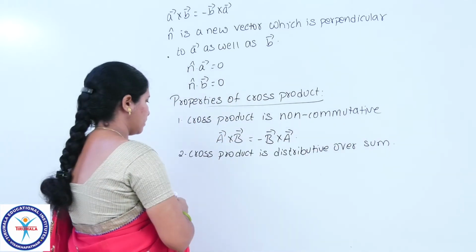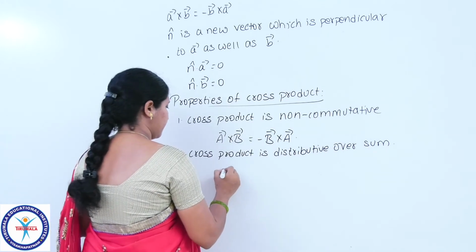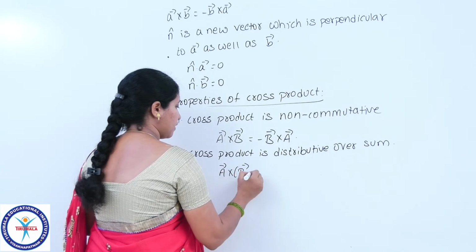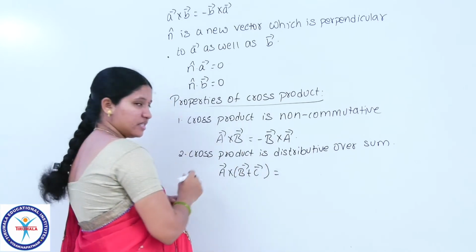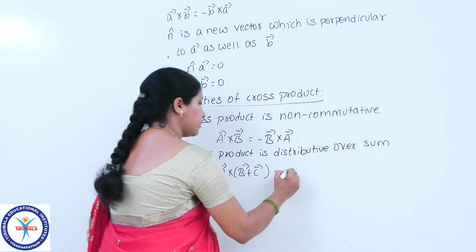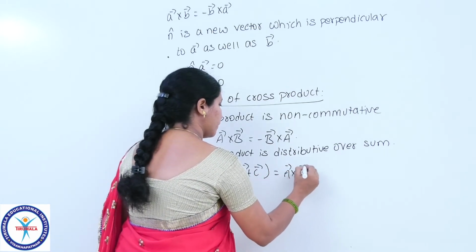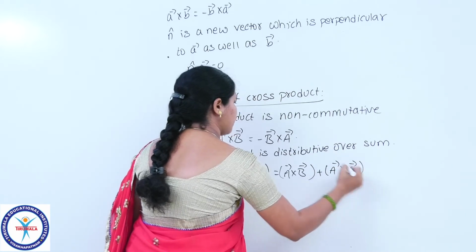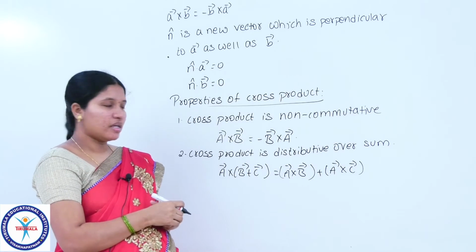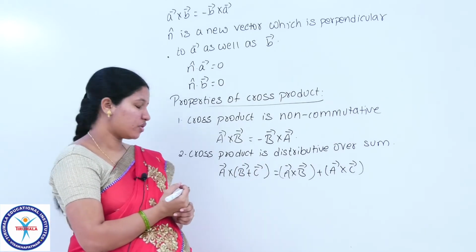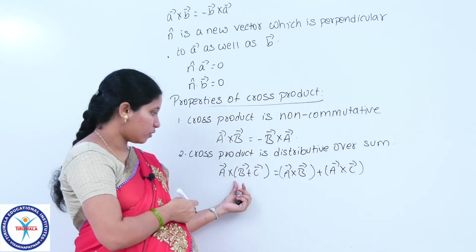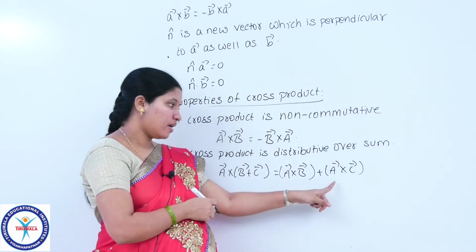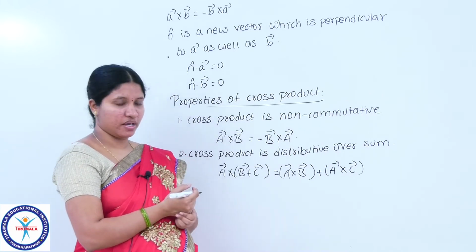So we can write a bar cross b bar plus c bar is equal to a bar cross b bar plus a bar cross c bar. Hence we can say that A bar cross B bar plus C bar is equal to A bar cross B bar plus A bar cross C bar.